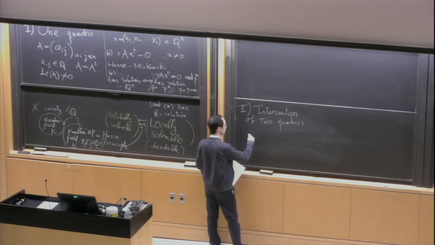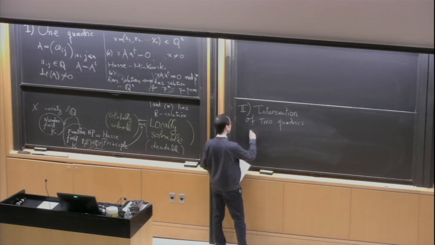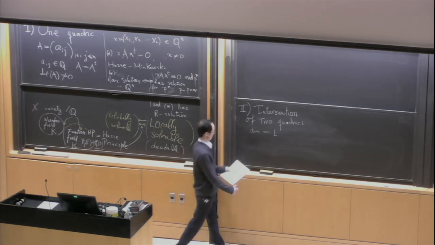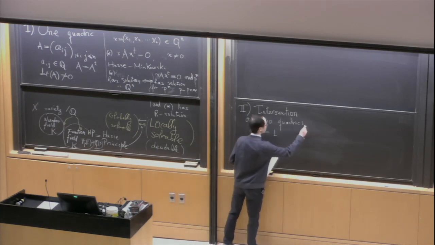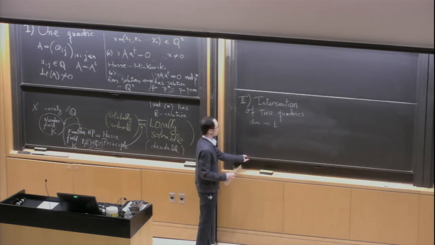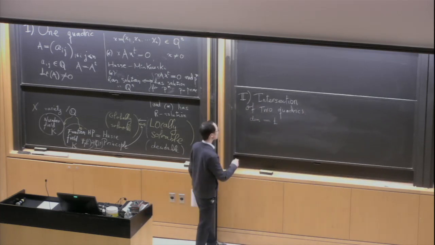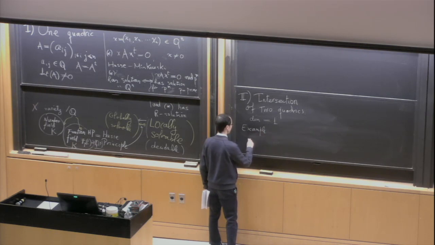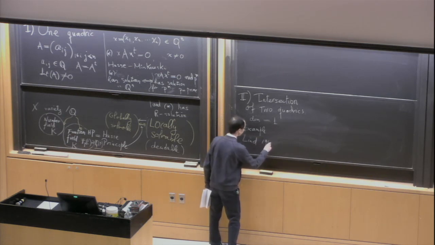Let me start with the case when the dimension of the intersection is 1, the minimal case. In this case the Hasse principle actually doesn't hold. Let me recall one counterexample due to Lind in 1940.